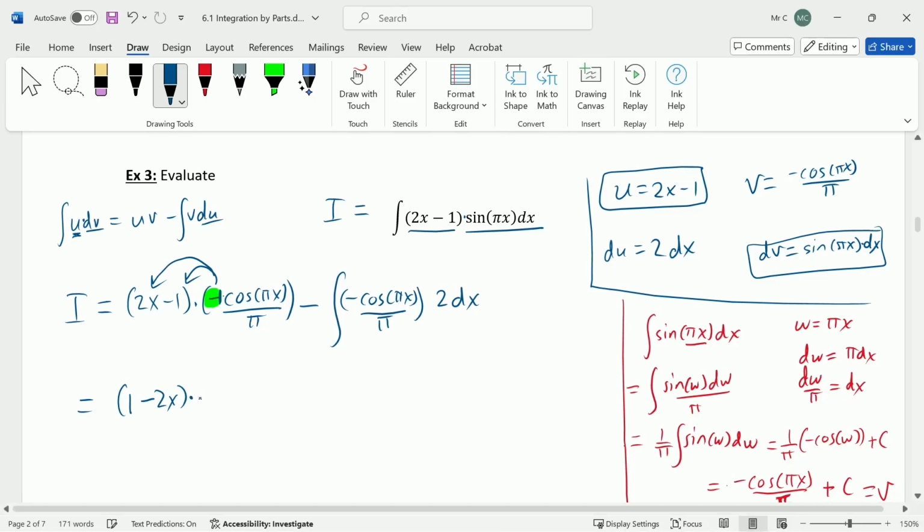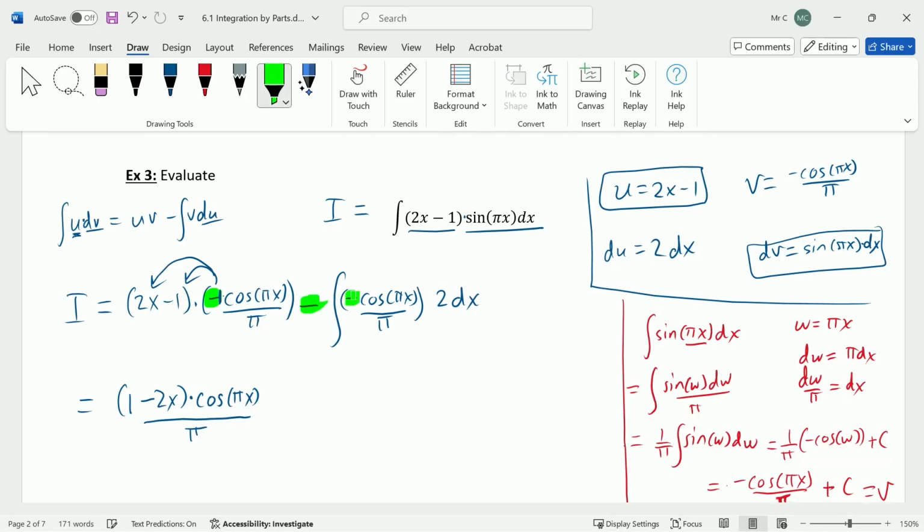So I just am writing this a little bit cleaner. 1 minus 2x times cosine of pi x all over pi. And now here we've got two negatives, so those cancel. And we've also got the constant 2 over pi. So this becomes plus 2 over pi times the integral of cosine of pi x dx.